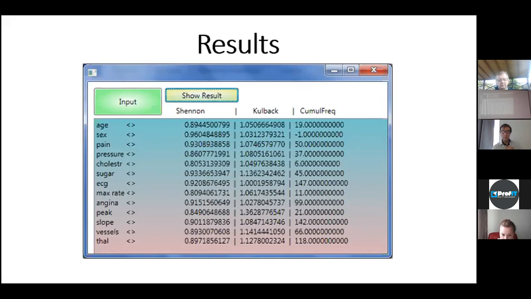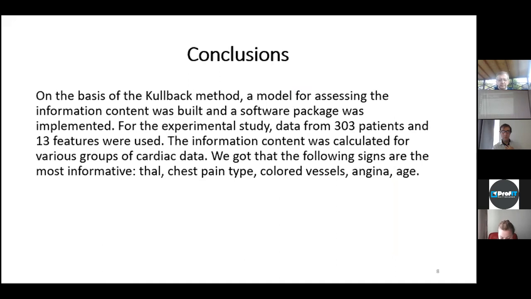The Kullback method is used to determine the informativeness of a feature that is involved in the recognition of two classes of objects. Also, a comparison of the Kullback method with other methods for assessing the informativeness of features was made. As a result of the study, methods for assessing the informativeness of signs for medical data were analyzed. The Kullback method was chosen as the most appropriate method for medical data.